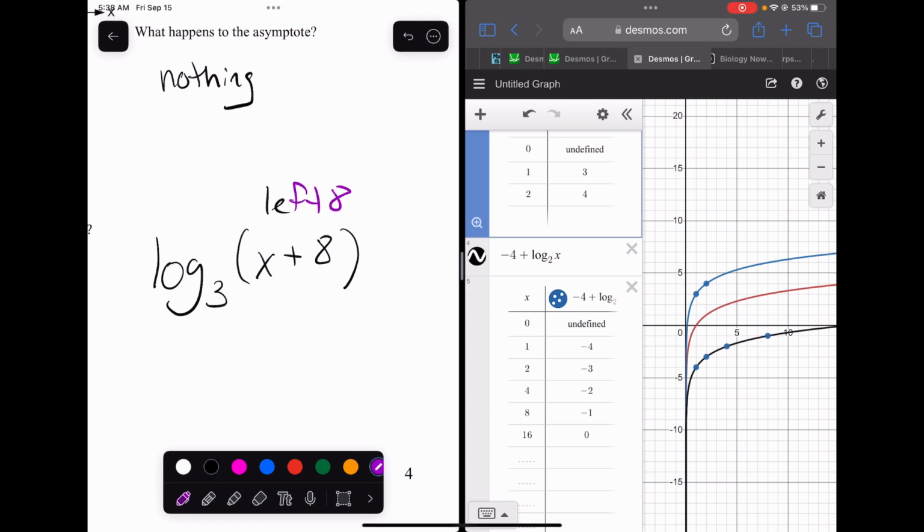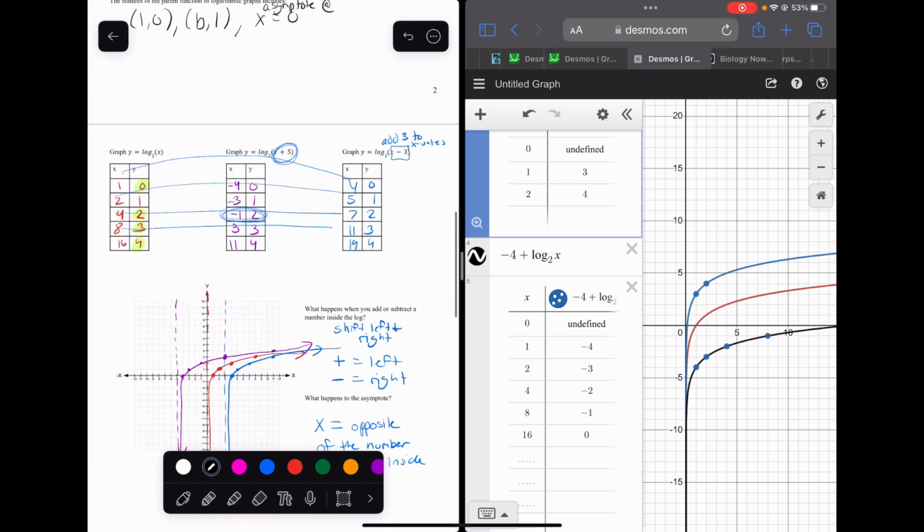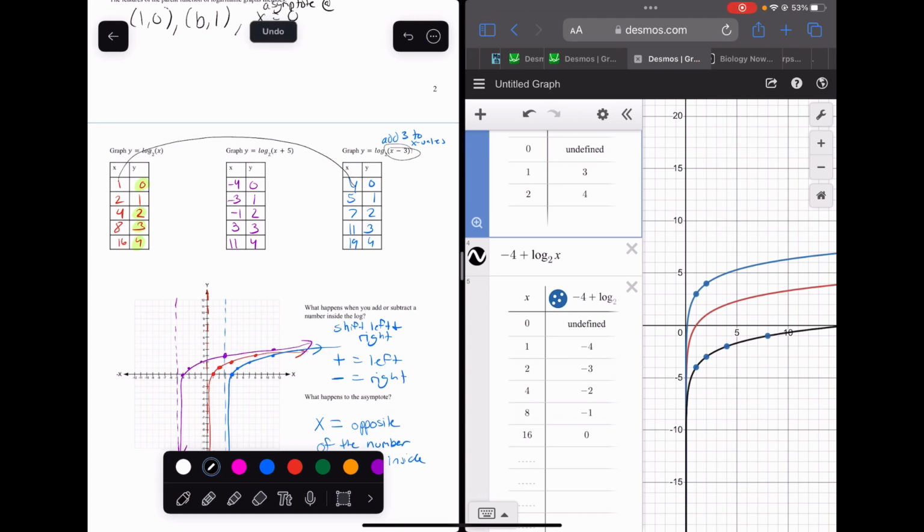If we go back here, what happened to our x values? Here we went from 1 to 4. We added 3. Here we went from 1 to -4. We subtracted 5.